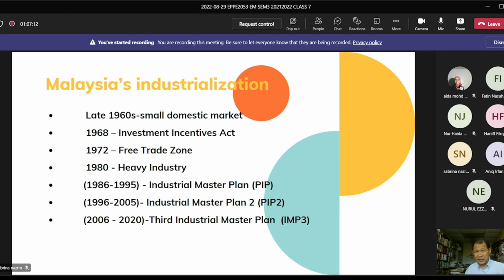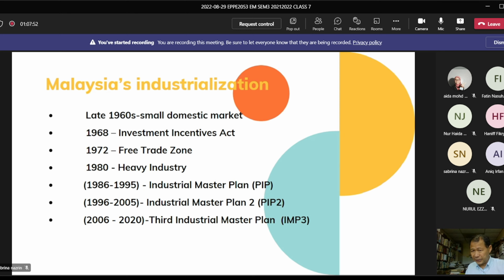And this will create some kind of sucking out of investment which could have gone to more efficient firms, but rather the firms that were being protected by the tariffs may not necessarily be efficient firms.